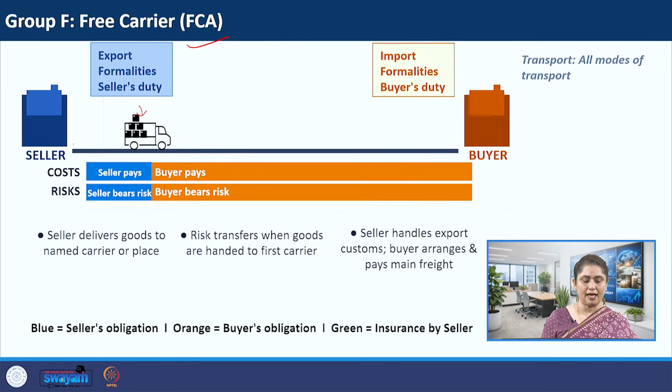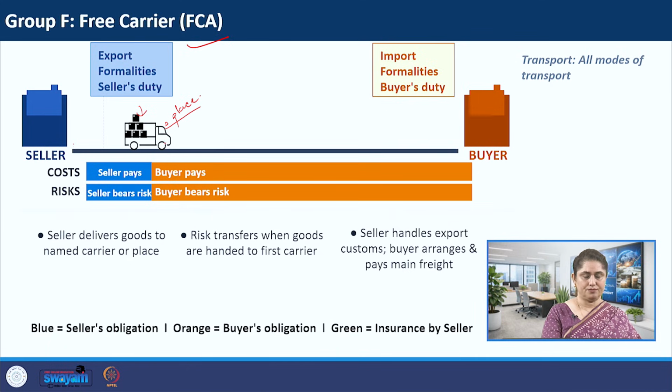So that means at least here the goods have been loaded, plus the truck is at a point or a place which has been specified by the buyer. So what does the seller do? The seller loads the goods and also delivers the goods to a place which is named by the buyer.